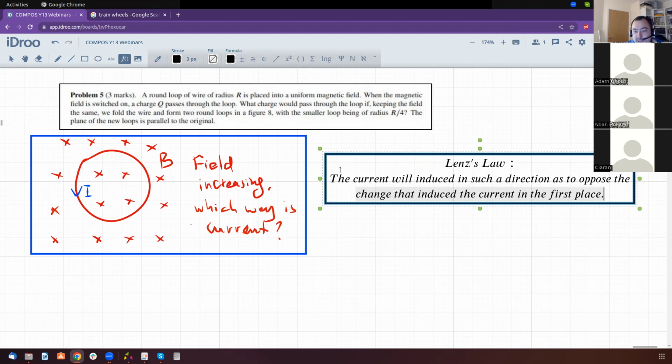The current will be induced in such a direction as to oppose the change that induced the current in the first place. So we have a loop of wire.